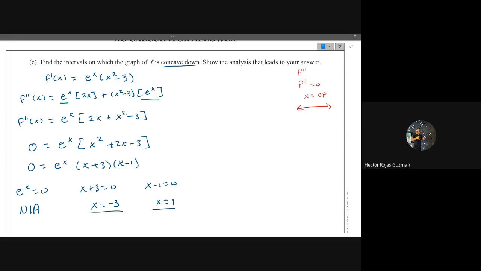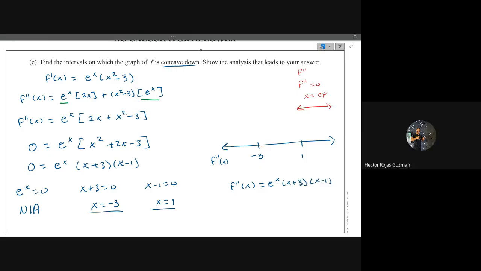Now the number line. Negative 3, positive 1. But this time we have to use the second derivative because we're looking for concavity. To figure it out, I'm going to be using the second derivative in factor form. That makes it super, super easy for me to figure out if it's positive or negative.